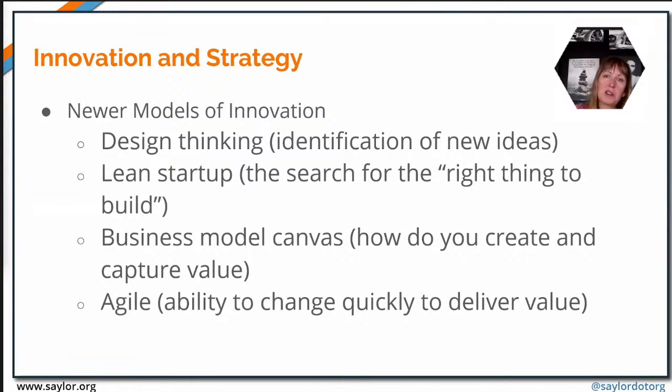And then also we want to look at with innovation in terms of being agile. So we want to be able to change very quickly. If something isn't working, we want to pivot and make a change to the product or the service or whatever the case may be. So these are the things when we think about innovation that we want to focus on a little bit more than maybe what we did in the past with that model that we looked at, where it was a very rigid process.